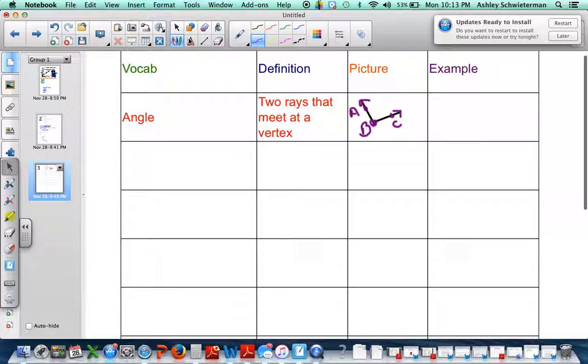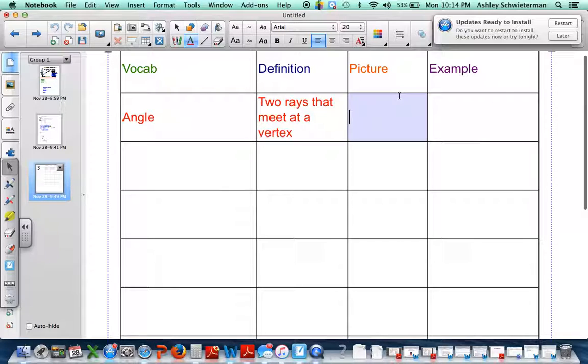So this would be called angle ABC. It usually has a picture that looks like this, angle ABC. It could be called angle B.